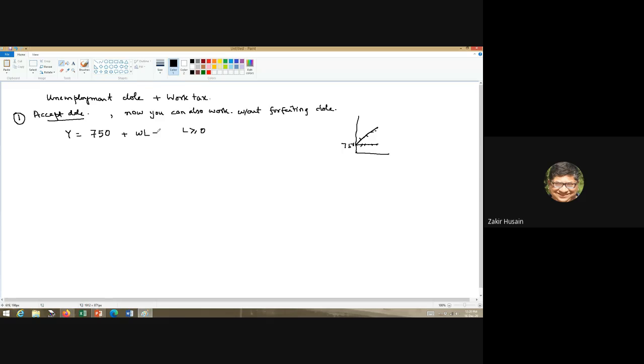That means half of what you get will have to be paid to the government. So your actual wage becomes WL by 2. I think it will be plus, sorry, plus WL by 2.